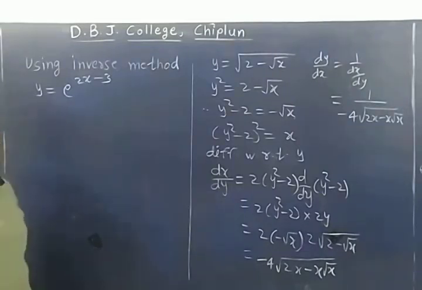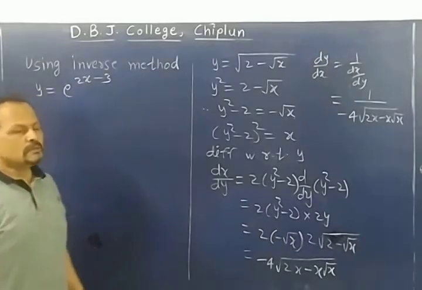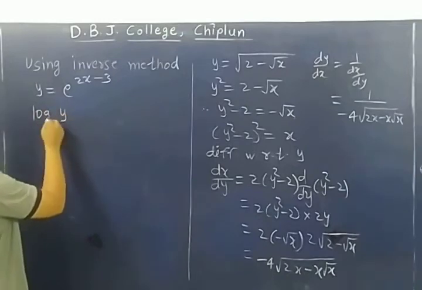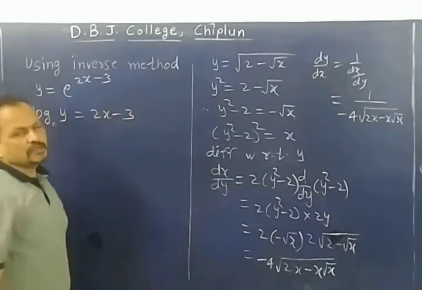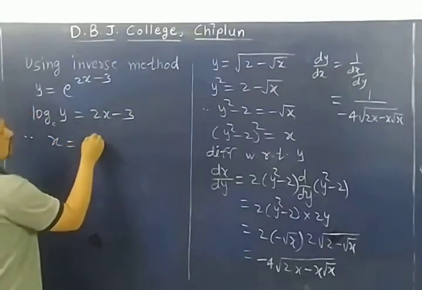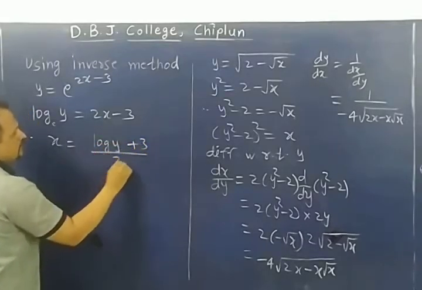Can you tell me what is y then? Sorry, what is x then? For that purpose, you have to take logs on both sides. Log y to the base e is equal to 2x minus 3. Therefore, x is equal to (log y plus 3) divided by 2.